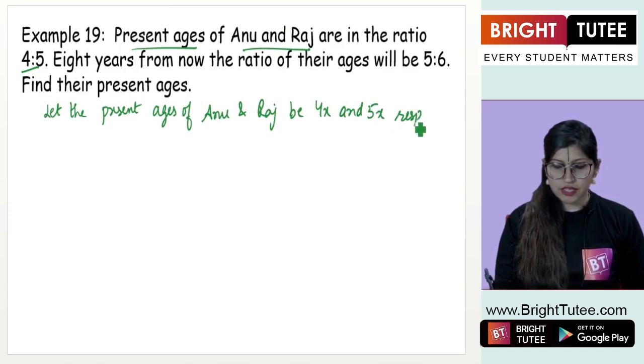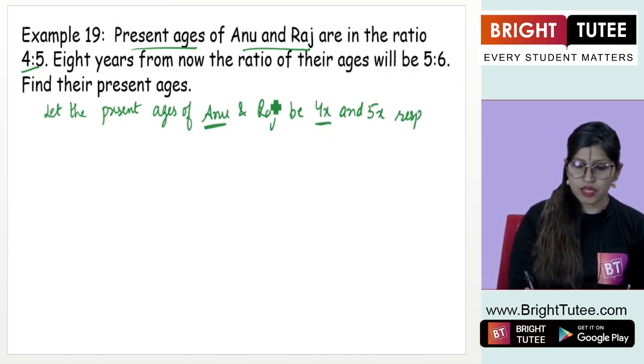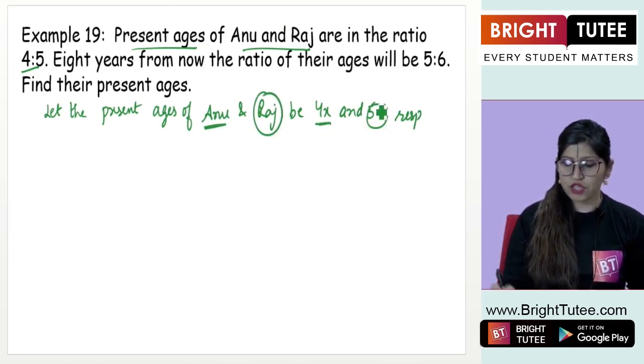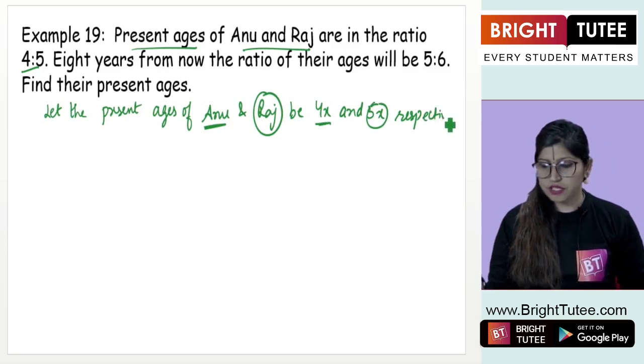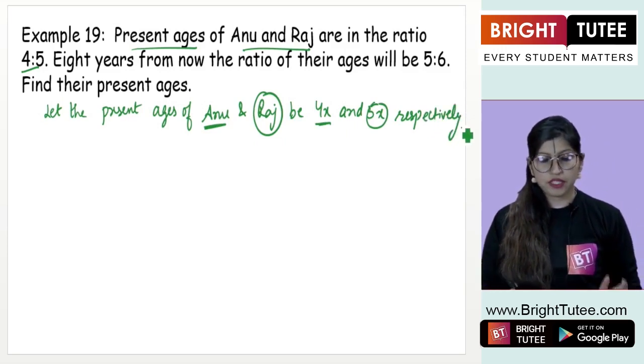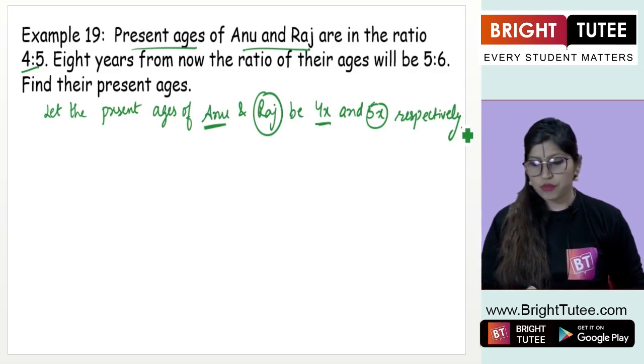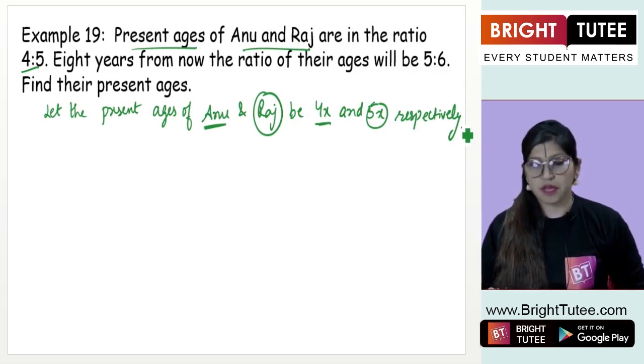It means the first one is for Anu and the second one is for Raj, so we need to write respectively as well.